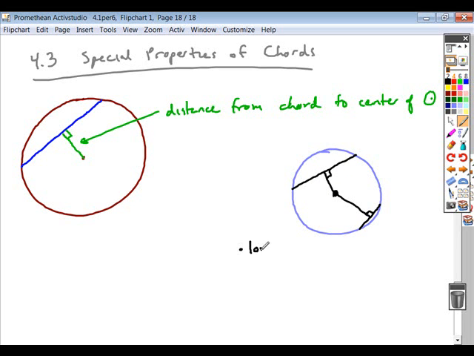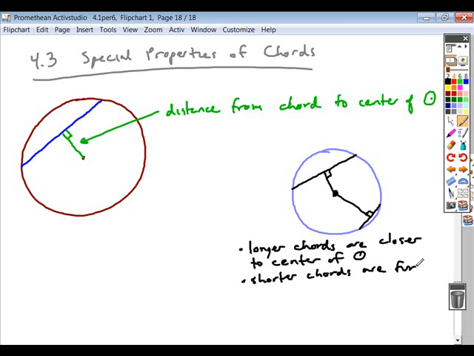So the relationships that exist are longer chords are closer to the center. And at the same time, you could say the shorter chords are further from the center.